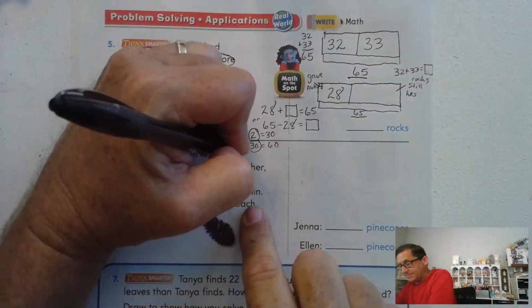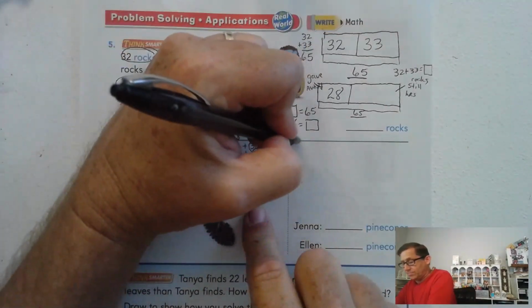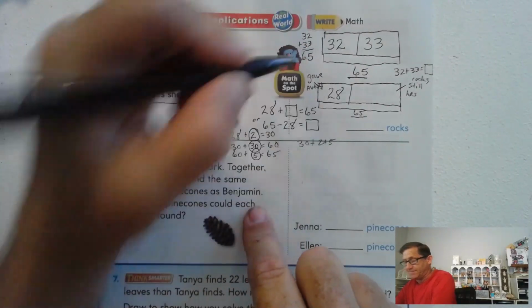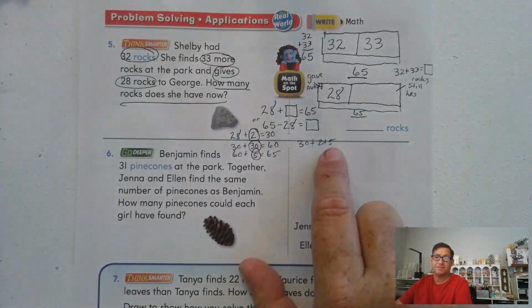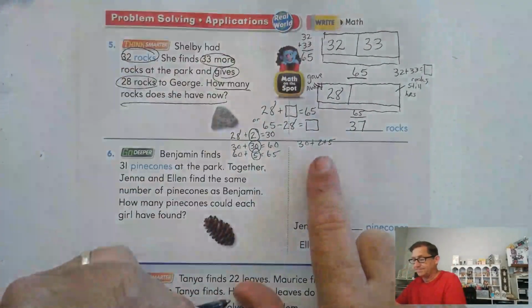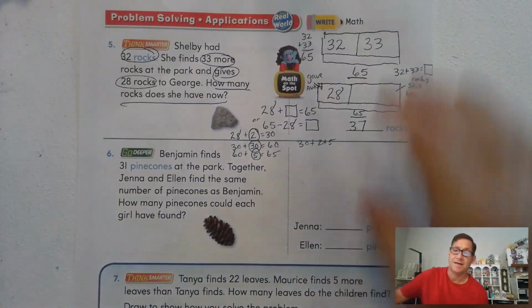And 60 plus 5 equals 65. So we jumped 30 plus 2 plus 5. Well, 30 and 5 is 35, plus 2 more is 37. Okay, so she still has 37 rocks.